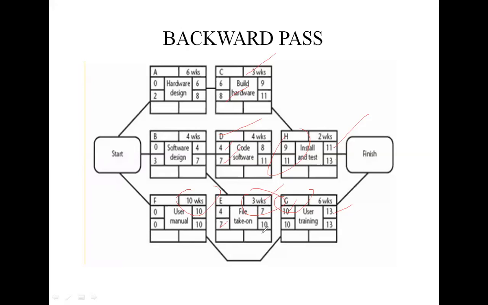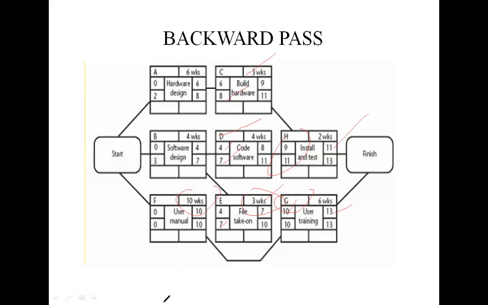So their latest start dates are 10 minus 3, that is 7, and for F it is 10 minus 10, that is 0. Activity B must be completed by week 7. The latest start for activity D is 7 minus 4, that is 3.